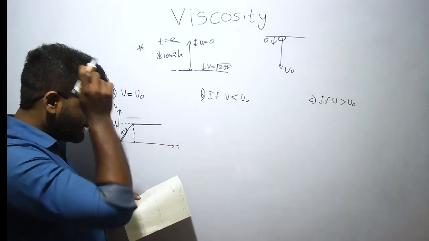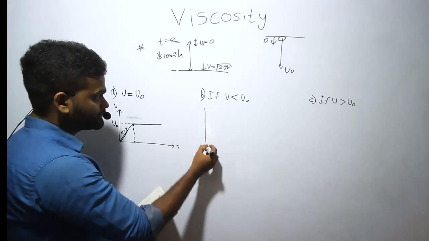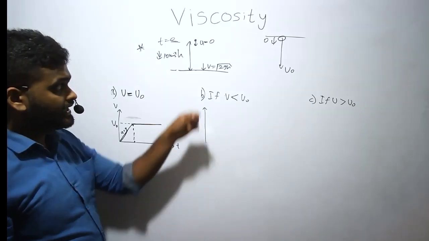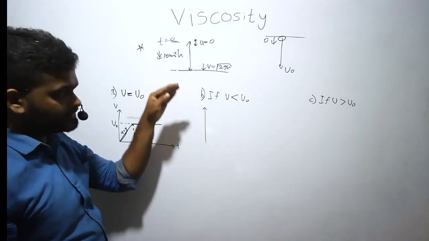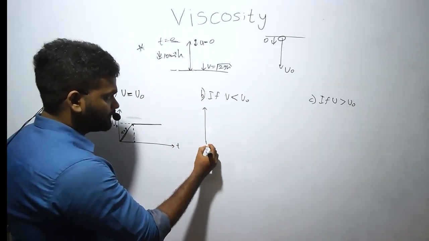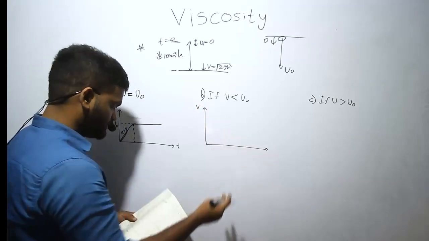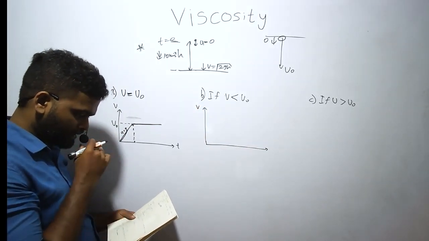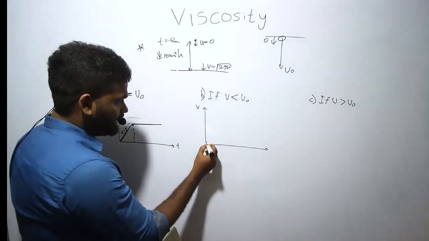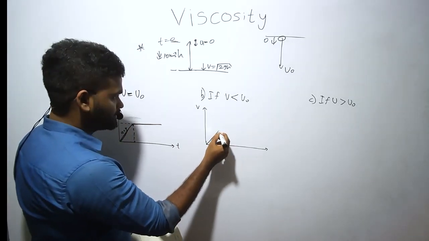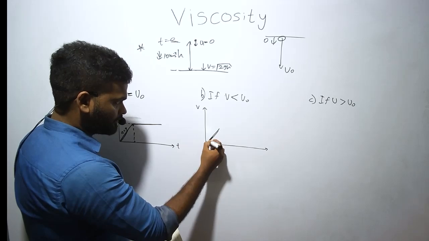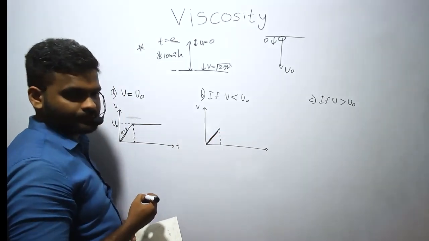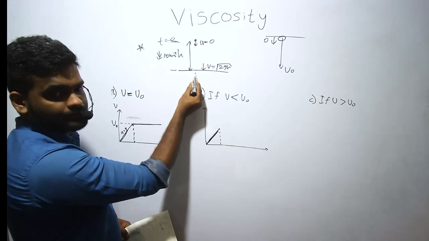Then the second case, right? Now this doesn't have terminal velocity. It hits the surface but at a low velocity. So what happens? Here it just drops through air.